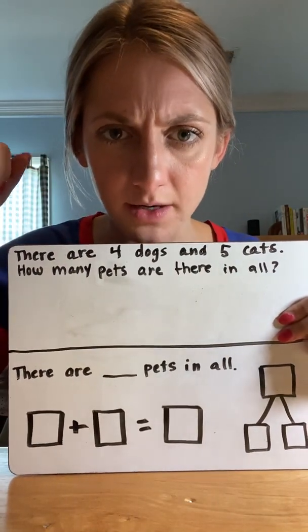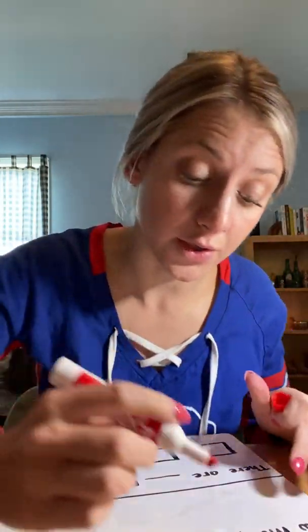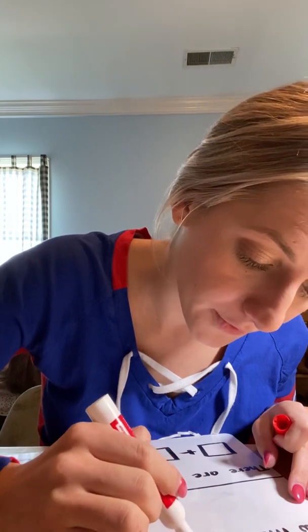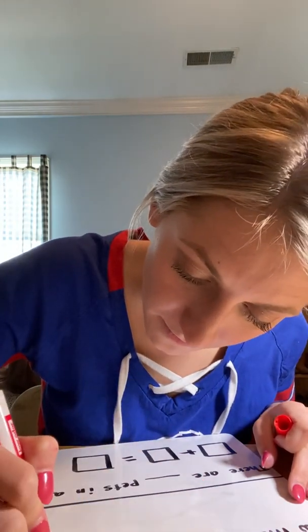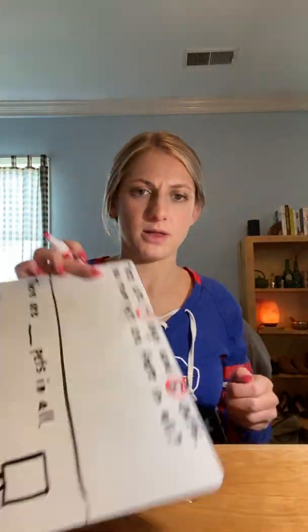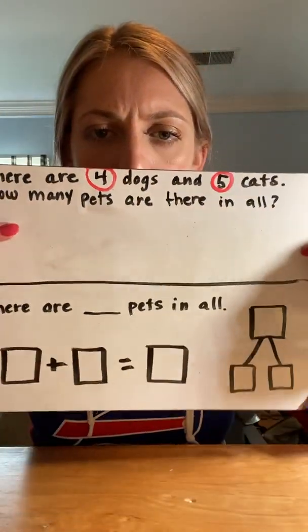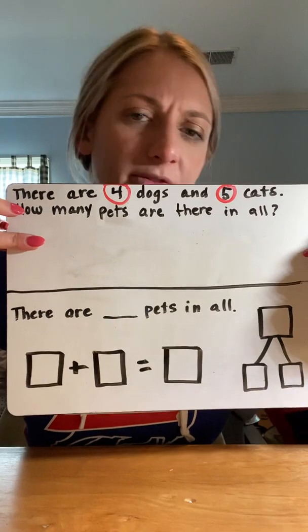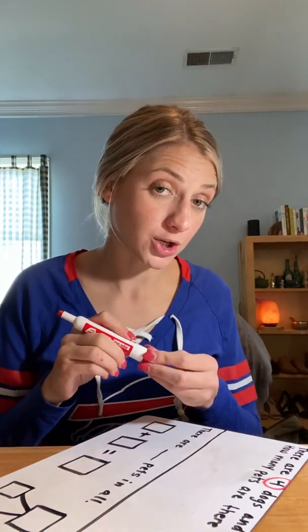How many pets are there in all? Well, the first thing I'm going to do is circle my numbers so that I can see very easily the numbers I'm working with. 4 dogs and 5 cats. All right, and now I'm going to draw a picture to go with this problem to help me solve it.